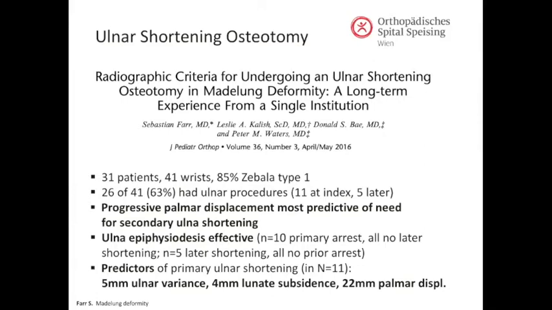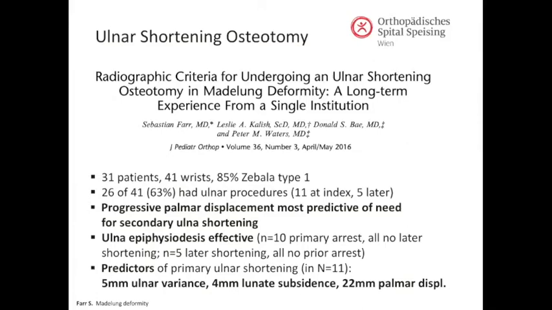Our secondary study aim was related to the ulnar epiphysiodesis, and here we have seen that the ulnar epiphysiodesis was very effective. All cases which had a primary ulnar epiphysiodesis did not need any shortening later, and all 5 cases which needed a secondary shortening had no prior arrest, so no ulnar epiphysiodesis.